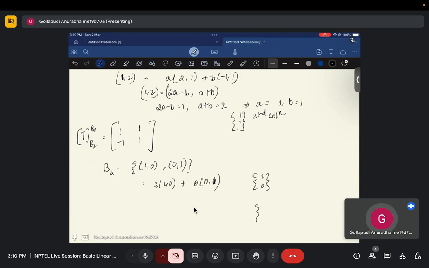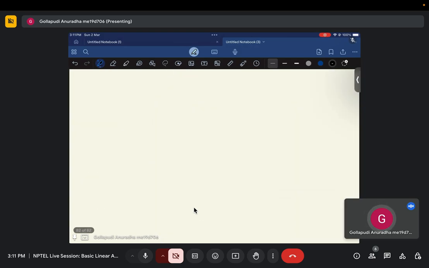And the second column will be 1 of (1, 0) plus 2 of (0, 1). So this will be our second column if the basis which we have is the standard basis. I hope this clears everything.